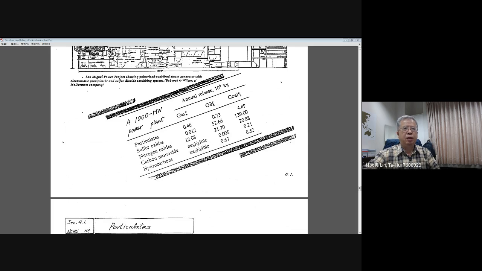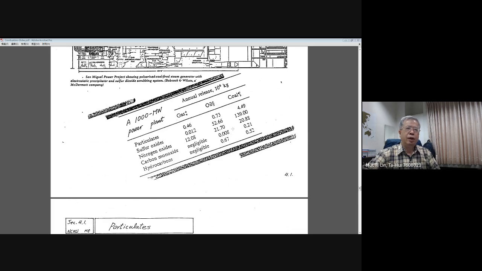For example, for coal, because coal needs better mixing and a longer burning time, sometimes if you have local pockets without good mixing, there will be a very small amount of carbon monoxide or hydrocarbon released.